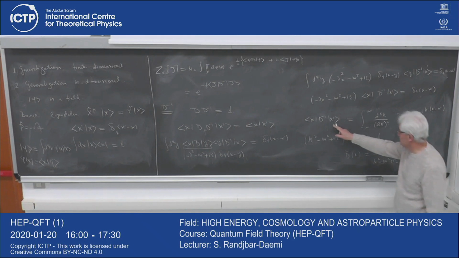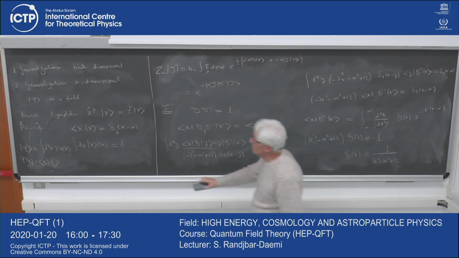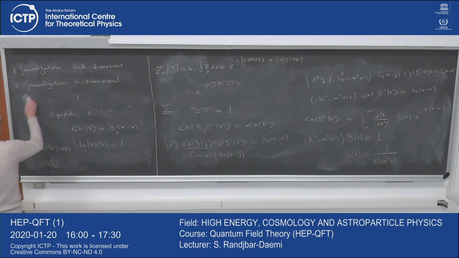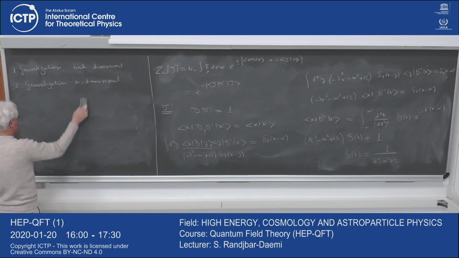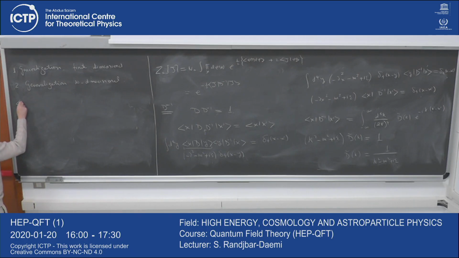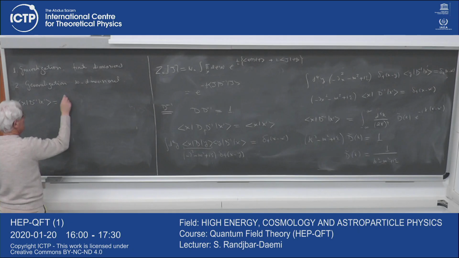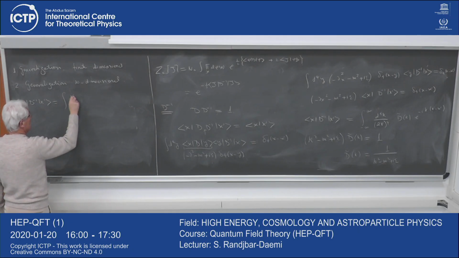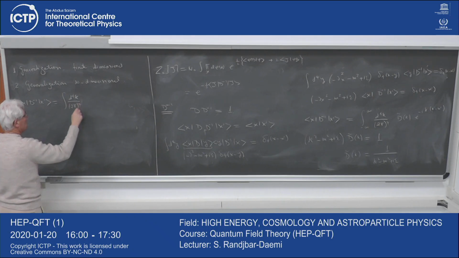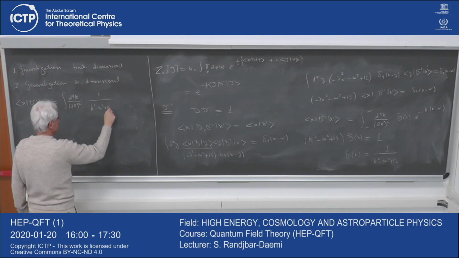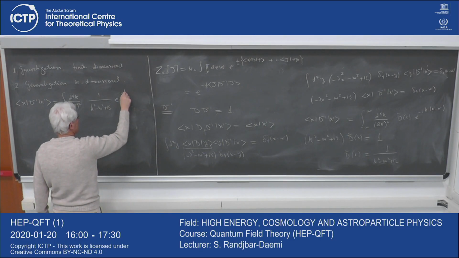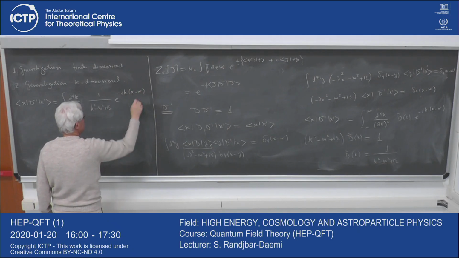So we know what this is. So we have x d inverse x prime equals to the integral d for k over 2 pi to the power of 4, 1 over k squared minus m squared plus i epsilon exponential of minus i k dot x minus x prime.